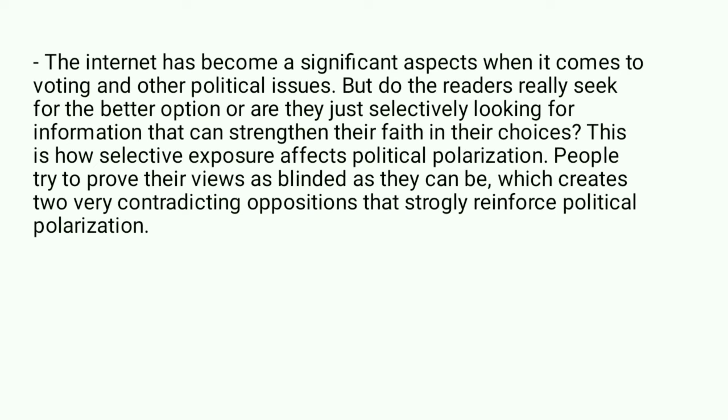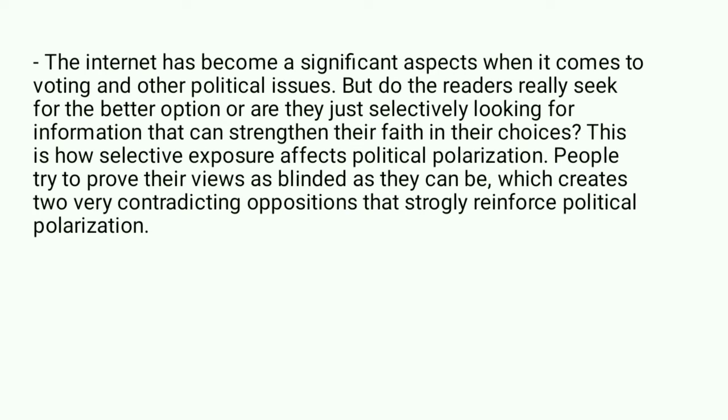In this dissertation, I test two models that explicate the relationship between selective exposure and political polarization and participation. The knowledge model suggests that the effects of selective exposure on the individuals' attitudinal polarization and political engagement are mediated by knowledge of candidate issue stances.